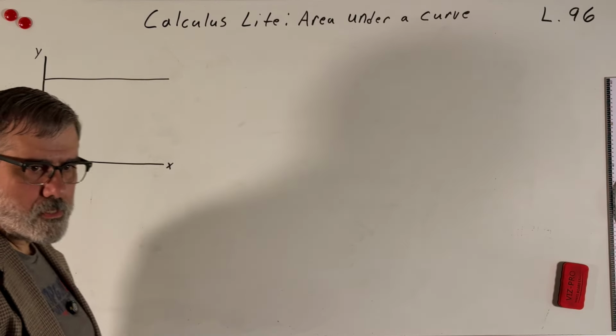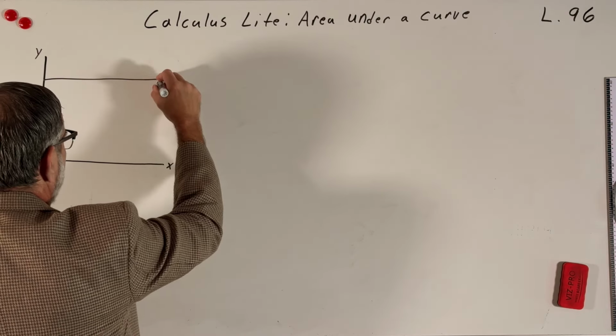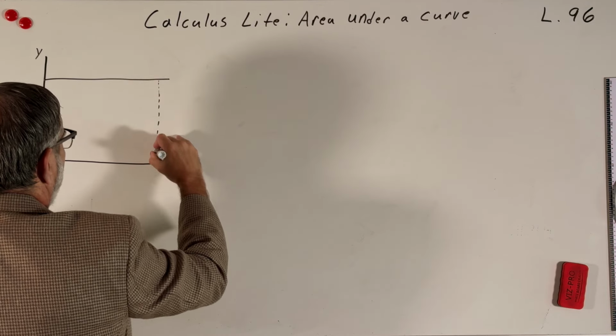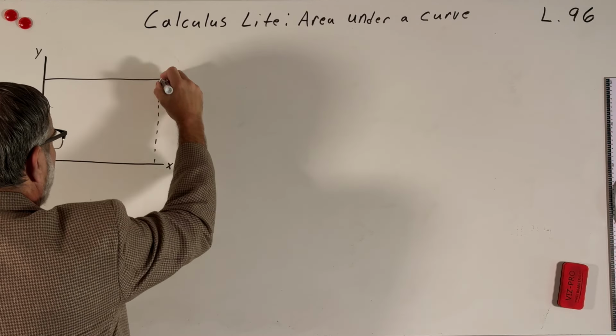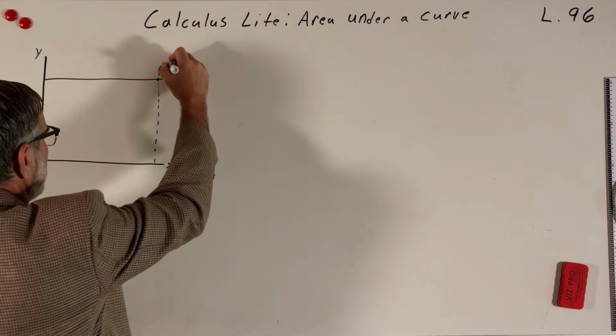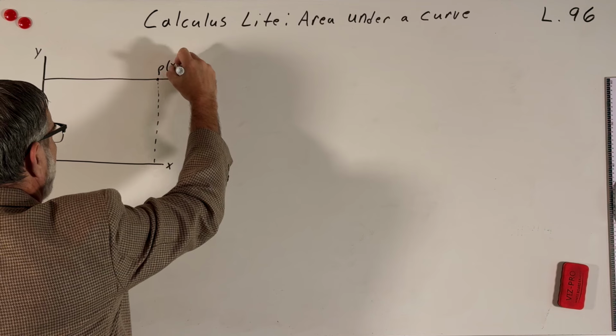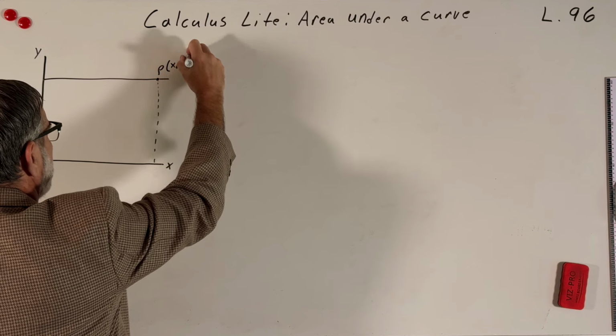So here my curve is just a nice horizontal line. That's relatively easy. And so I'm going to consider the area under the curve up to some point. We'll call this point here the point P. And so I'm going to consider the area under the curve between the origin and this point. We'll call it x sub p comma y sub p.